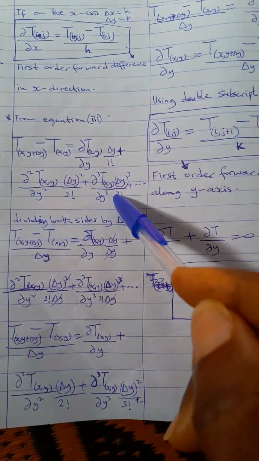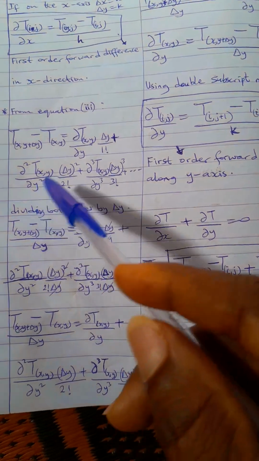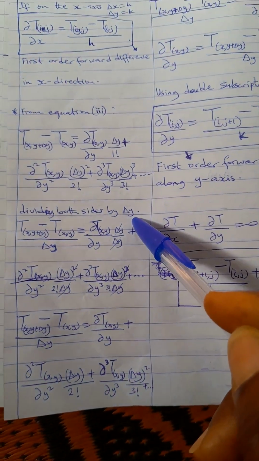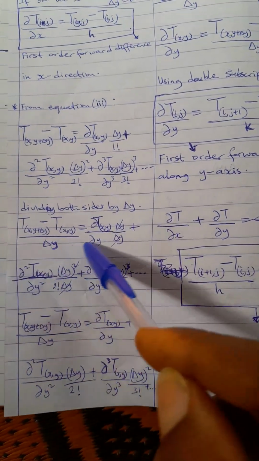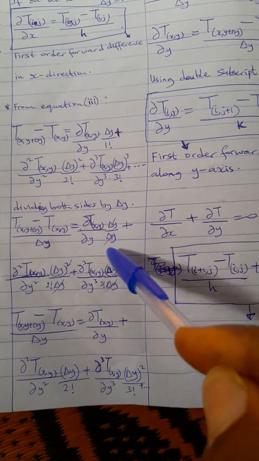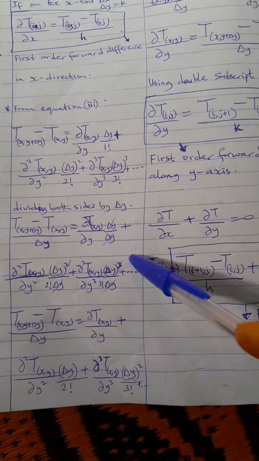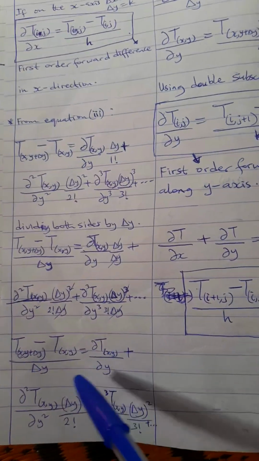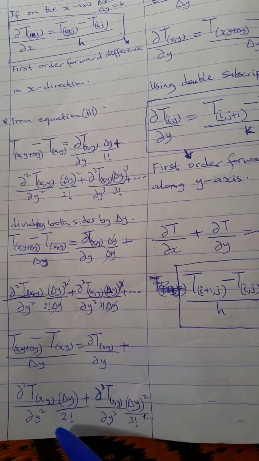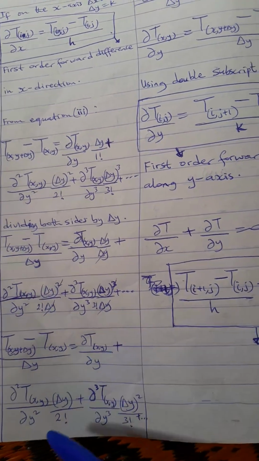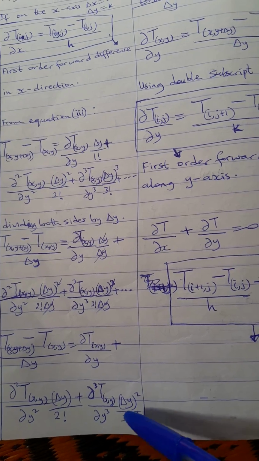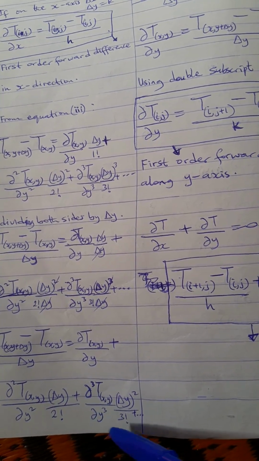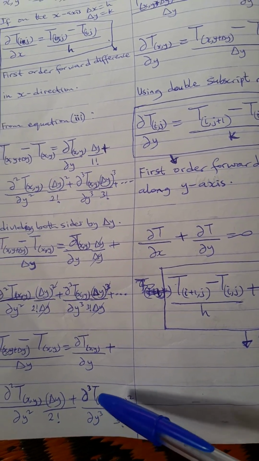Follow the same trend that we did for x, and divide both sides by delta y, not delta x. Divide both sides, cancel delta, cancel square, cancel this cube, remain square. So this one also cancels. We follow the same trend. The only thing changing there is delta y, and the y is changing also.